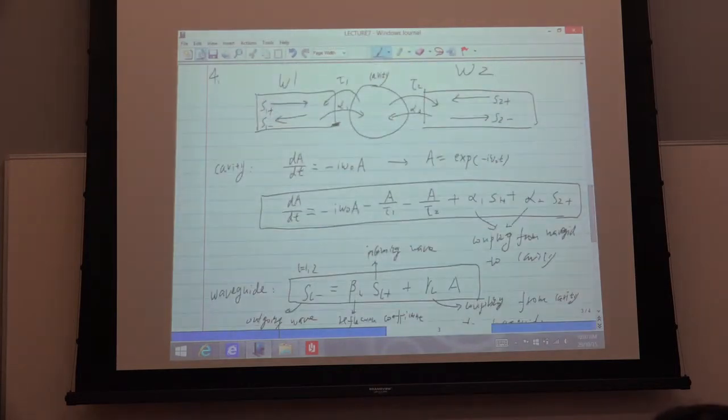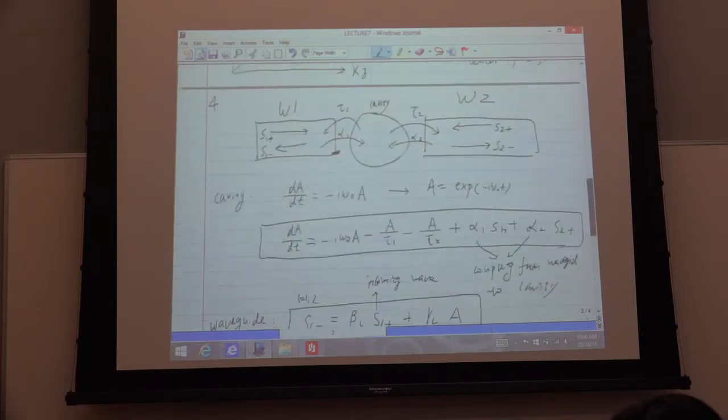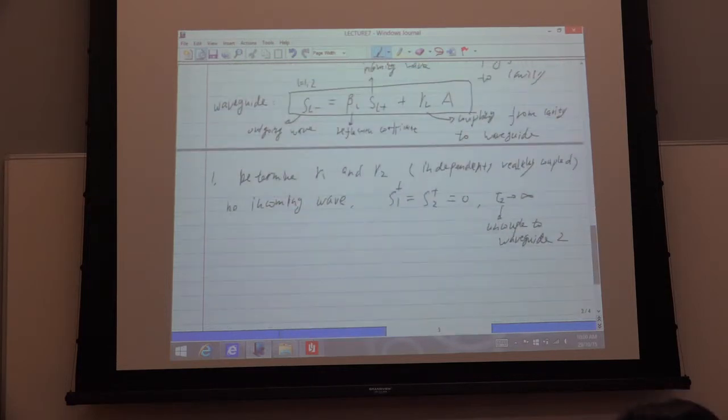That means this cavity is only coupled to waveguide 1, not to waveguide 2. Why do I assume that? Because I said tau 1 and tau 2 are independent of each other, so we can use this method.